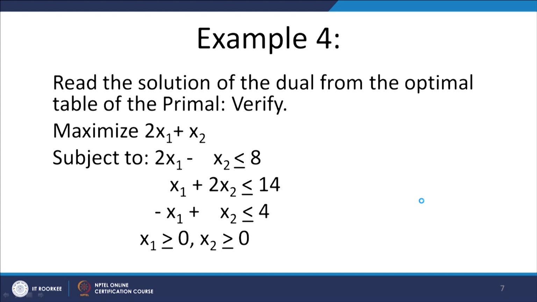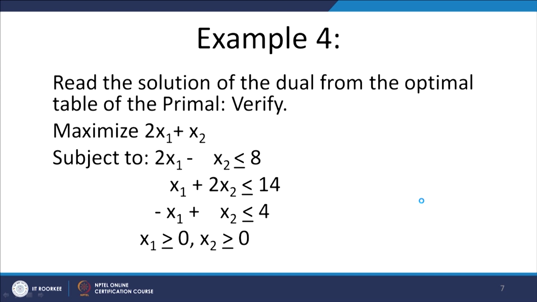Now, you remember that in this lecture we had written the initial table, the intermediate tables and the final table, and there we found how we can read the solution of the dual from the optimum solution of the primal. So, let us look at this problem. We have to find out first the optimum table.